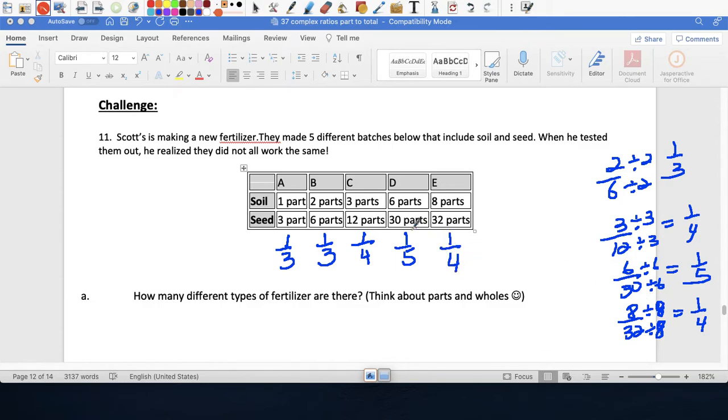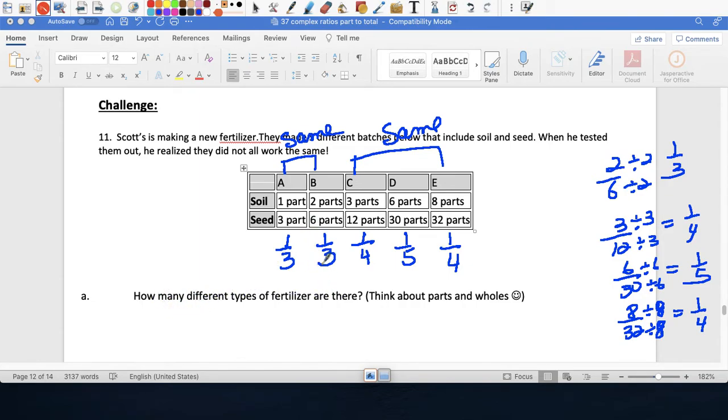So notice that A and B are the same, and then C and E are the same. So question A says how many different fertilizers are there?